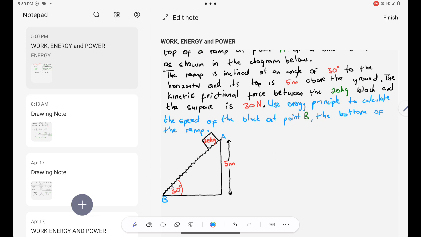Since they didn't tell us the displacement, and it's very, very important, guys, for us to have a displacement when we deal with work, energy, and power, right? So I'll simply say that the displacement over here, let's pick any number. Let's say it's 10 meters.